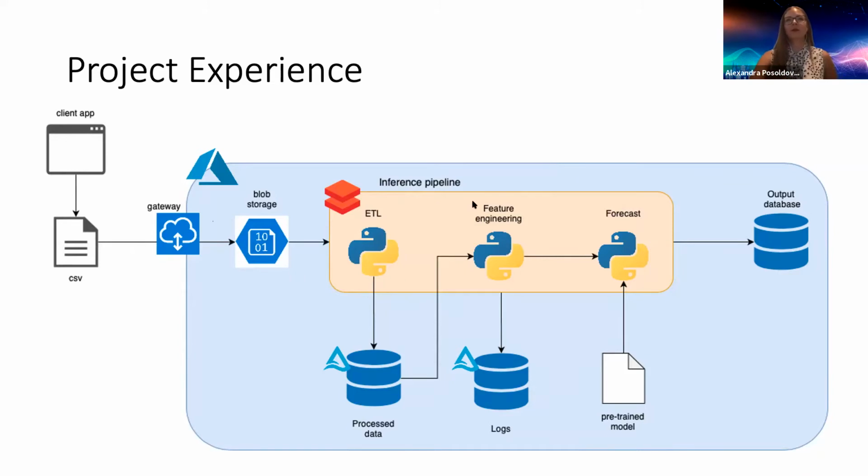And the inference pipeline was done in Databricks, first performing ETL, where the output was stored in Delta Lake, then fed into a feature engineering script, and finally into the forecast.